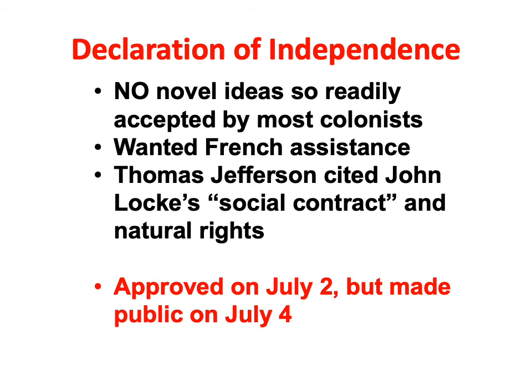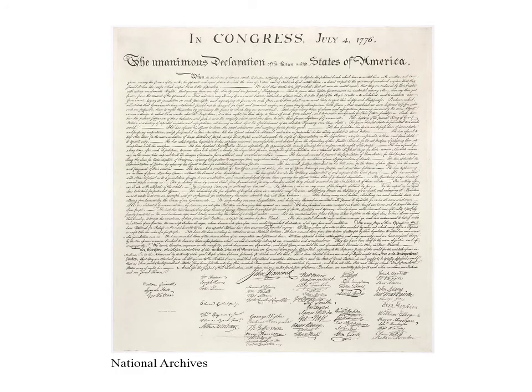And as we discussed in the last lecture, in the draft Declaration of Independence, Thomas Jefferson cited John Locke's social contract and the theory of natural rights. It was approved on July 2nd, 1776, but made public on July 4th, 1776, and that, of course, is why July 4th is celebrated as Independence Day.